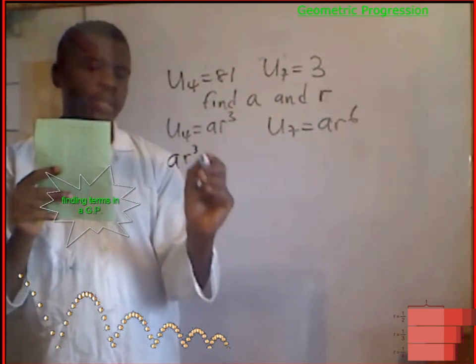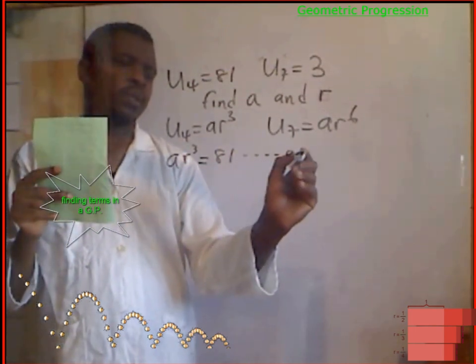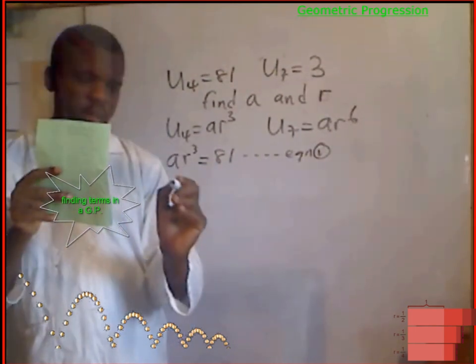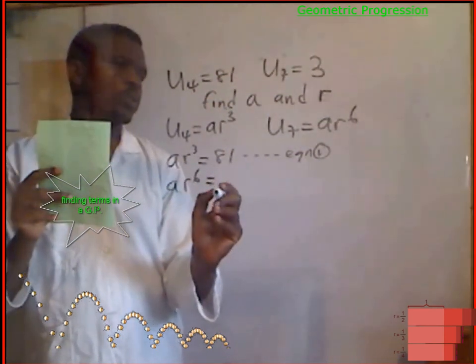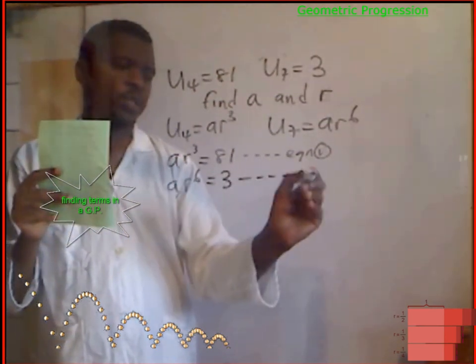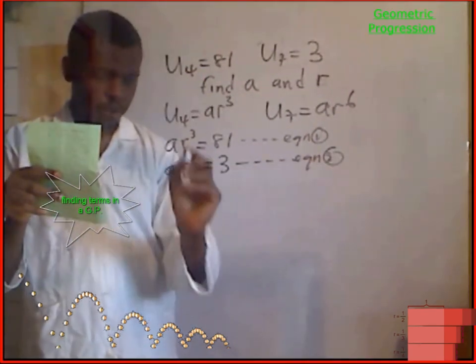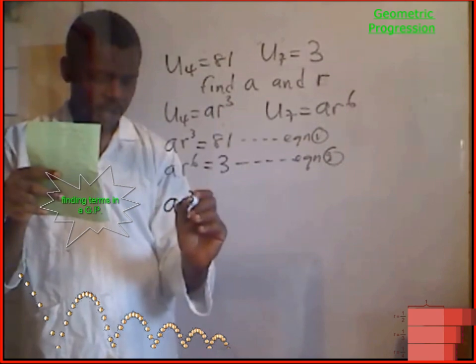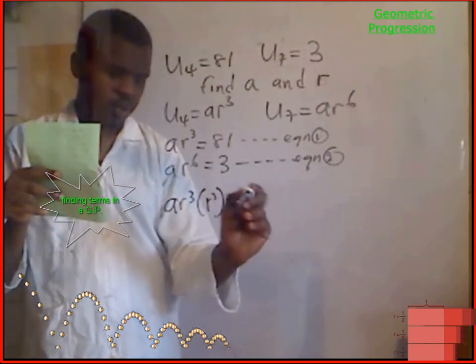A times R to the 3rd is equal to 81. I call this equation 1. And A times R to the 6th is equal to 3. Call this equation 2. I need to substitute here. I can break down equation 2. This is AR to the 3rd times R to the 3rd, which gives me 3.